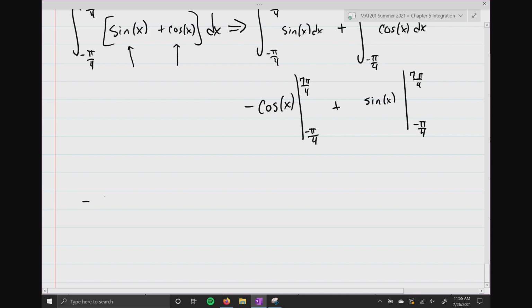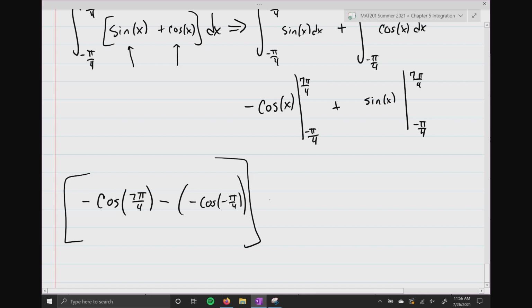So we'll do the first one here. I get negative cosine of 7 pi over 4 minus negative cosine of negative pi over 4. I'm going to put this in big brackets. Plus, now we're going to do the sine. The sine of 7 pi over 4 minus the sine of negative pi over 4.